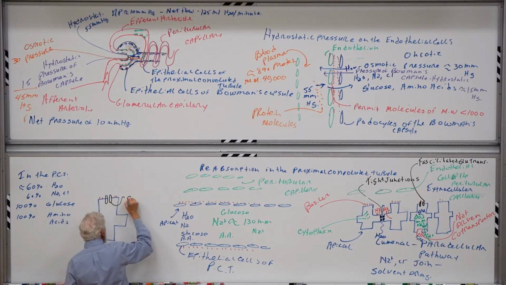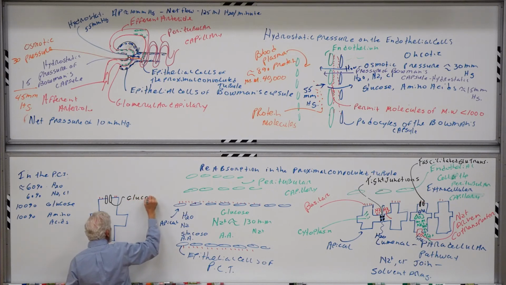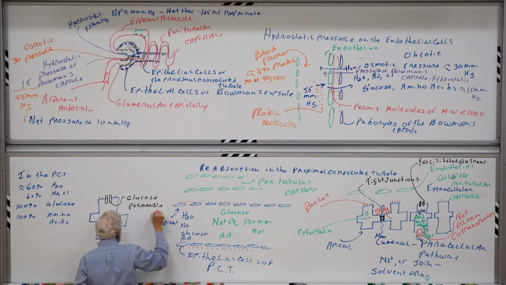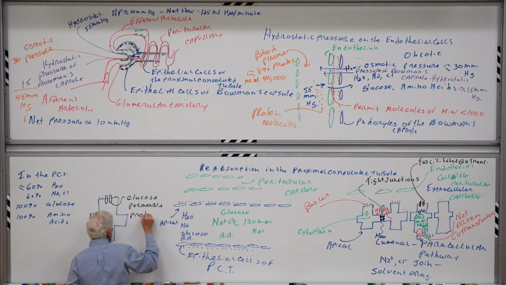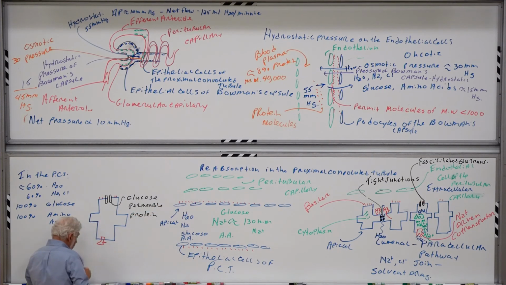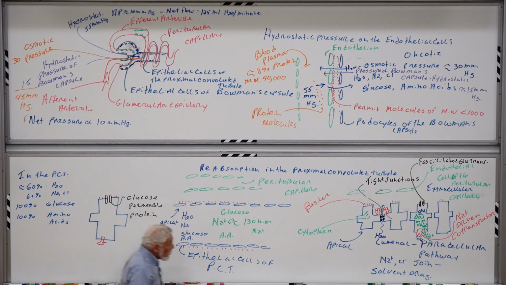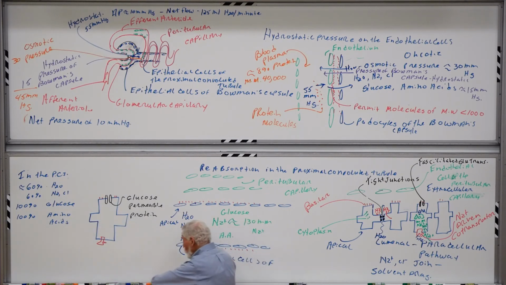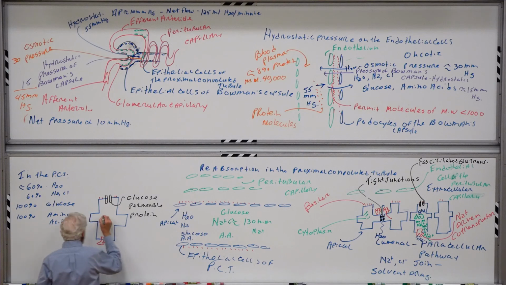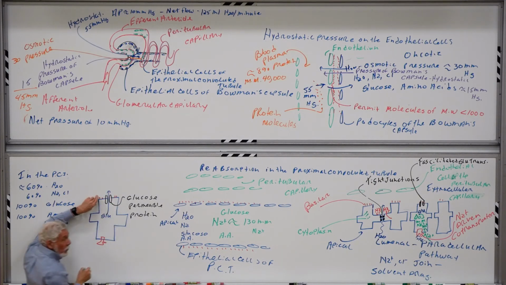And this is a glucose permeable protein. So then the glucose now is free to diffuse from the cytoplasm out into the extracellular space. So now we're moving the glucose.